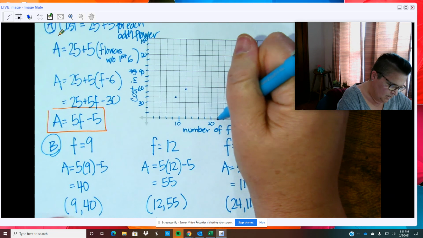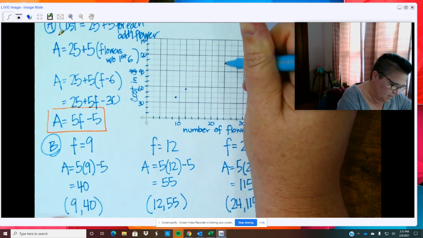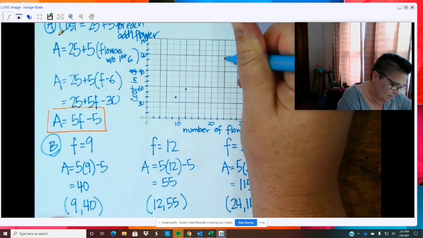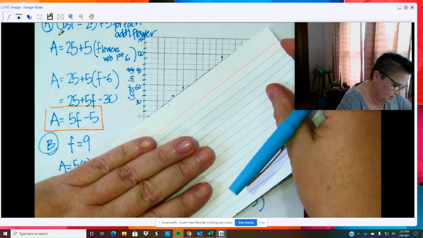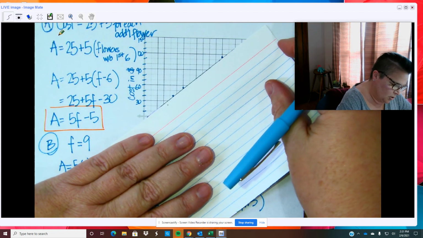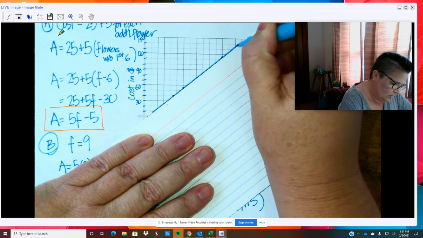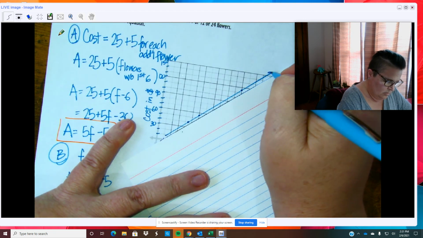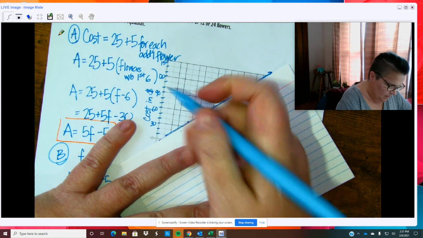So there's 22, 24. And then I need to get to 115. And since I counted by tens, that's going to be directly in the middle. And those 3 points beautifully line up, so I know I have the correct graph. And this would be a graph of my line.